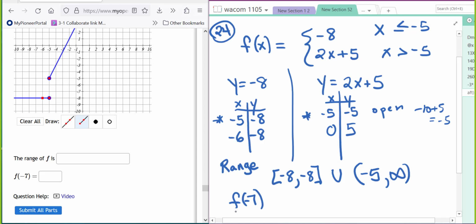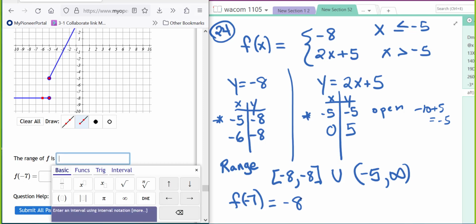Right, so when x is negative 7, it is less than this negative 5, so it is going to be negative 8. It would be on that, or you could look at the picture there. So negative 7, it would be here. You could see that one pretty good.